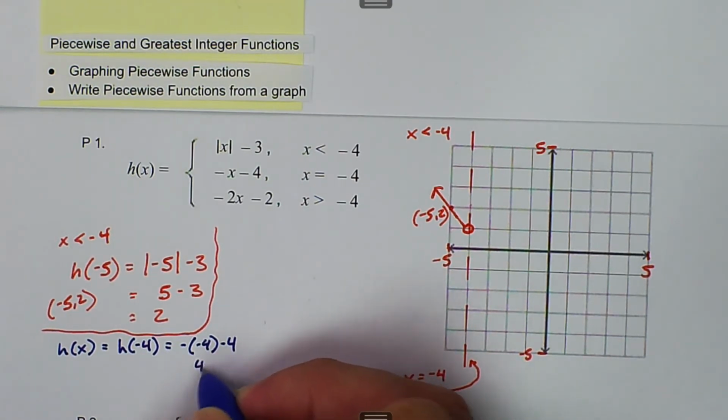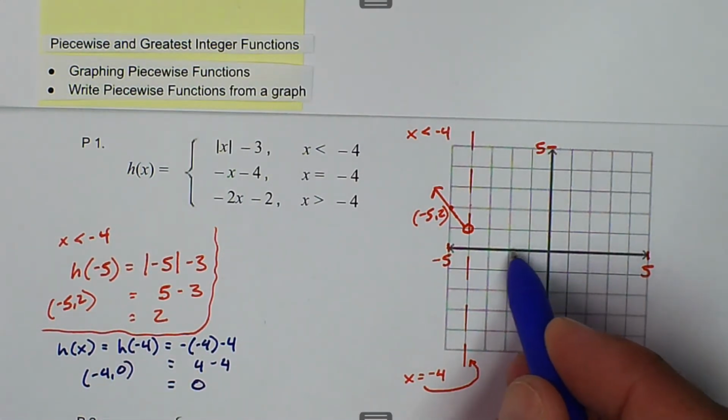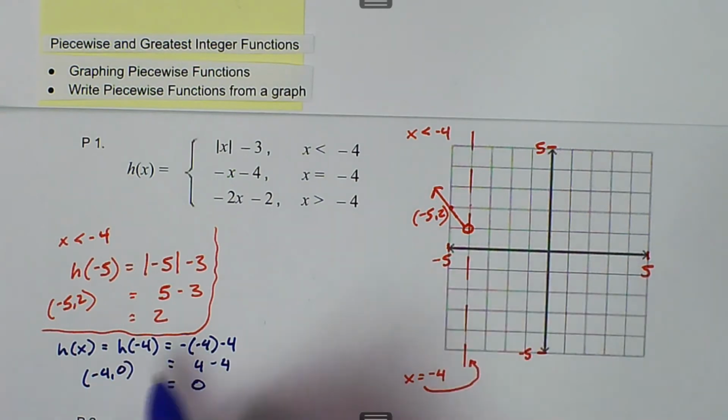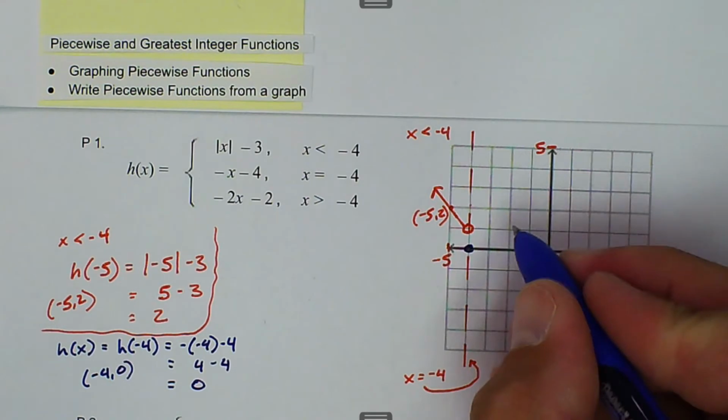Negative times negative is positive, so that's 4 minus 4. And so that is going to be equal to 0. So then we get the ordered pair -4, 0. And in this case, it's equal to, so we'll use a closed dot at -4, 0.